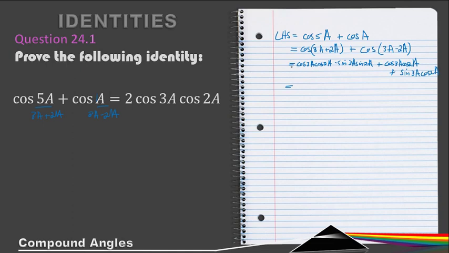Starting with the cos 3a cos 2a, we have this one, and they add up to 2 cos 3a cos 2a. Here we have minus sine 3a sine 2a plus sine 3a sine 2a. Alright, they add up to 0, and then once again we have the right hand side.